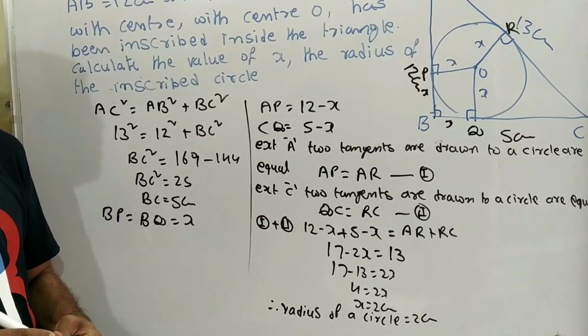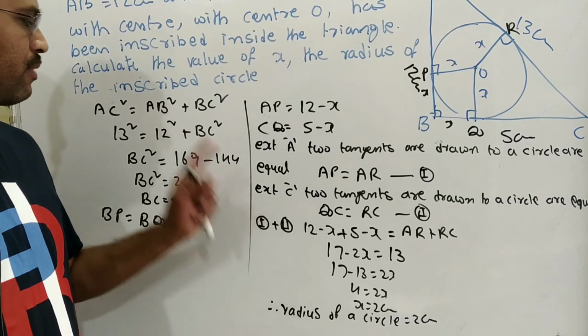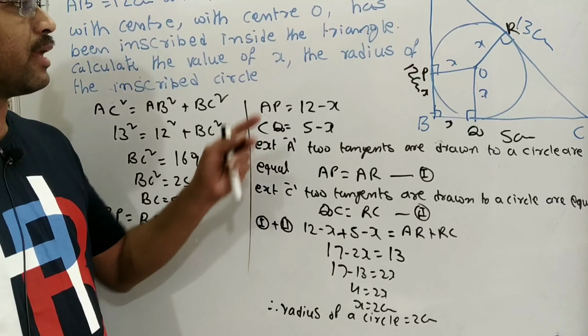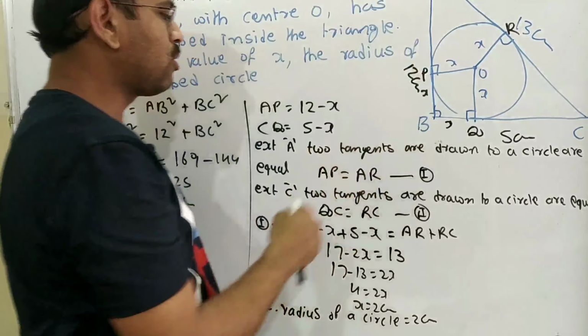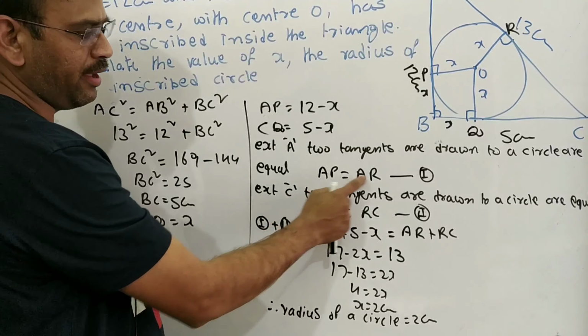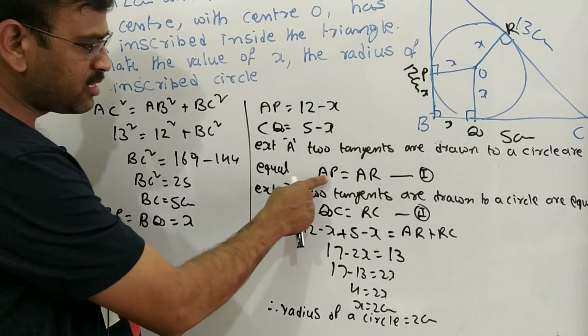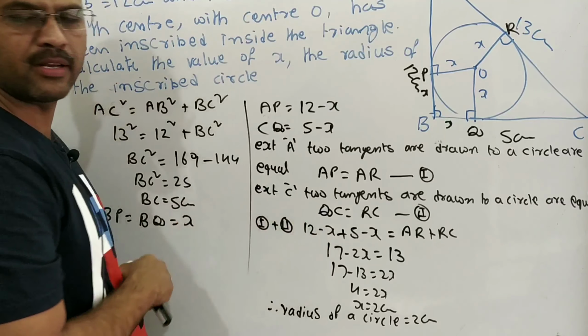Now look at that carefully. What we have done here: first we found the length of AP and QC, after finding AC by the Pythagoras theorem. Then from exterior point A, two tangents are drawn to the circle, the lengths are equal. AP equal to AR. So instead of AP, I am writing 12 minus x.